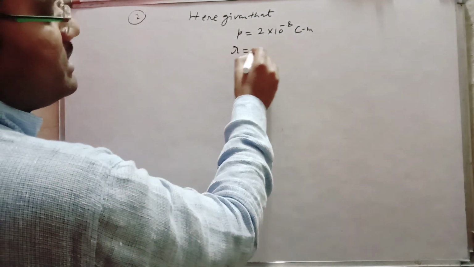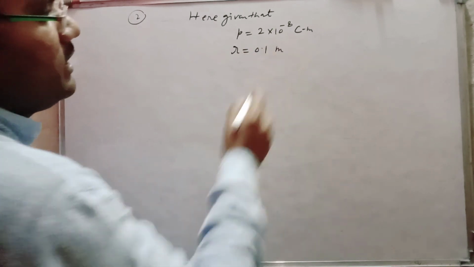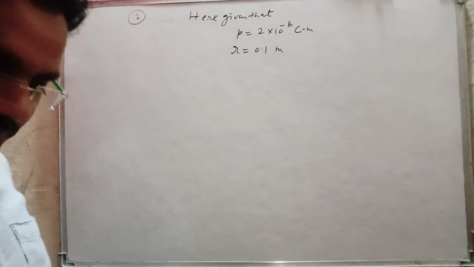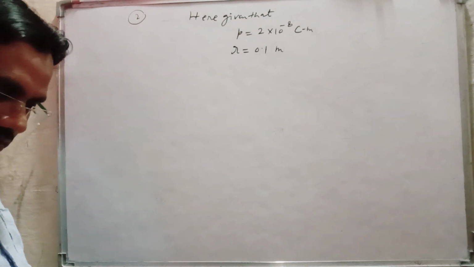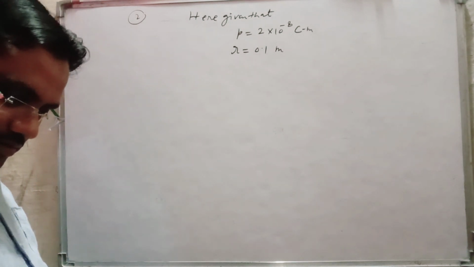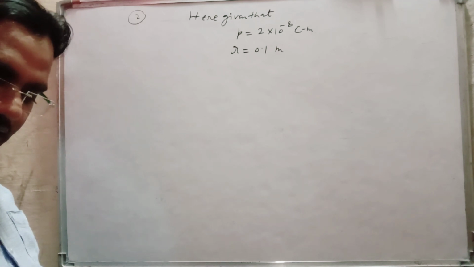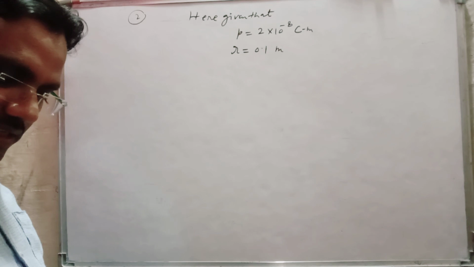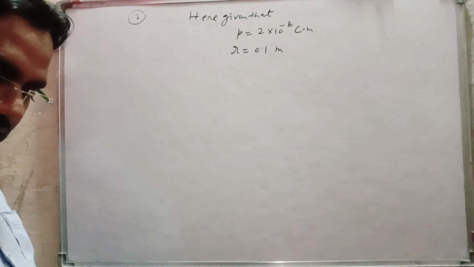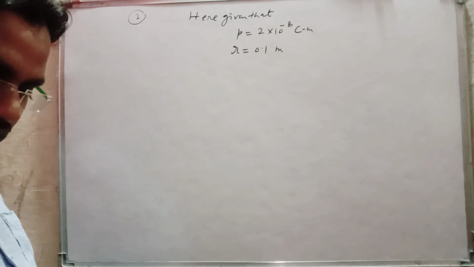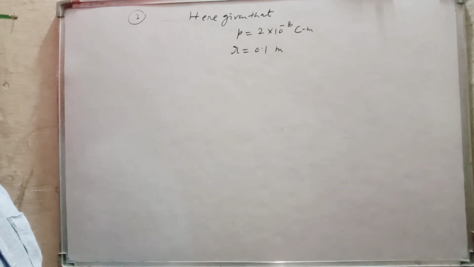That means r is given as 0.1 meter from the center of the dipole, from point O. Find the electric potential on the axial line, second on the equatorial line, and on the line making an angle of 60 degrees with the dipole axis.